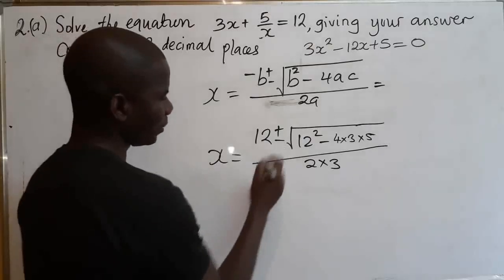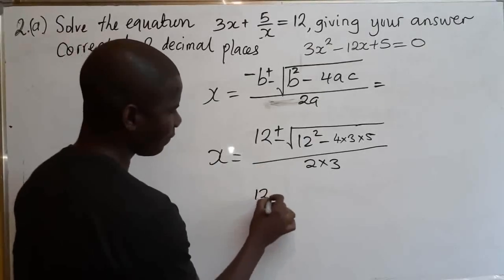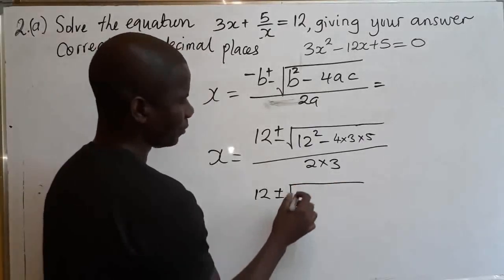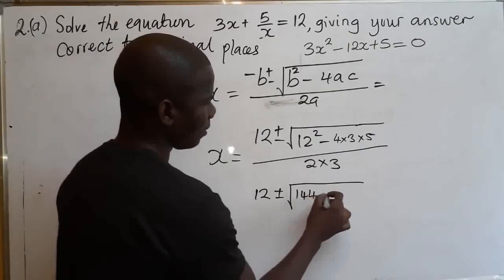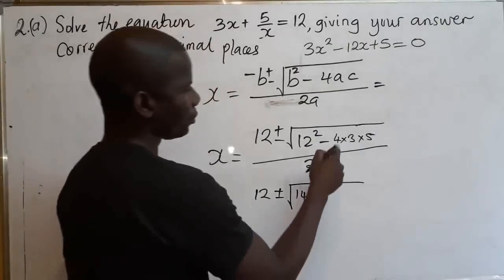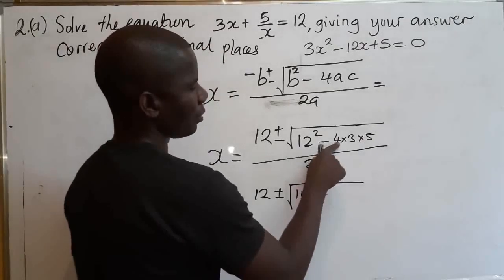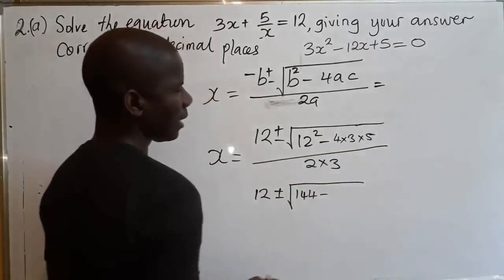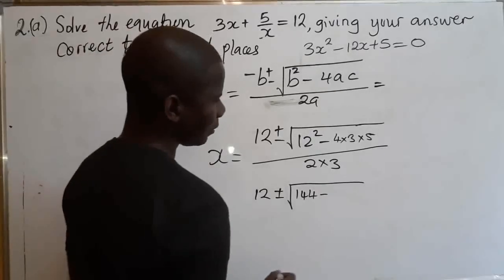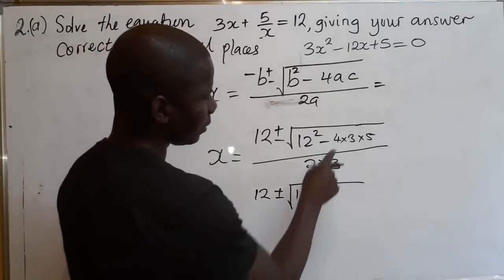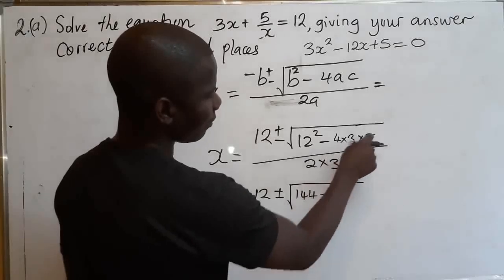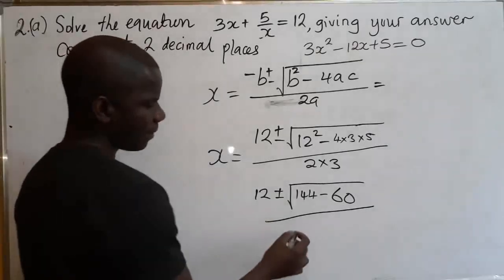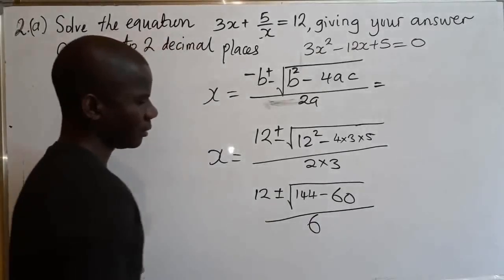So what do we get here? This gives us 12 plus or minus the square root of 144 minus 4 times 3 times 5, which is 60, over 6.